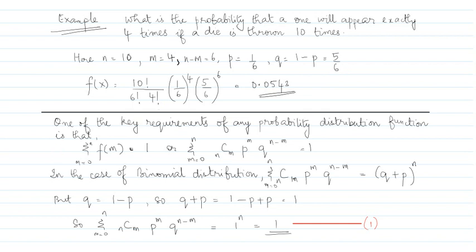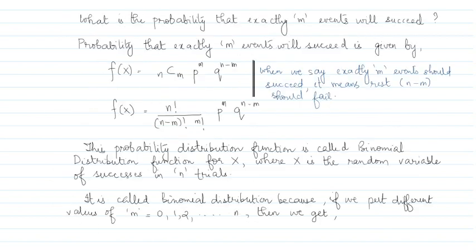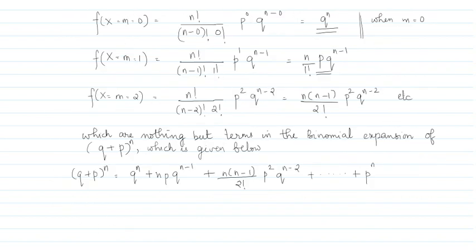ഇനി ഏതൊരു പ്രോബബിലിറ്റി ഡിസ്ട്രിബ്യൂഷനും സാറ്റിസ്ഫൈ ചെയ്യേണ്ട ഒരു റിക്വയർമെൻറ്റും ഇതിന് മുമ്പത്തെ ലെക്ചറിലും പറഞ്ഞിട്ടുണ്ടായിരുന്നു. Sum of all individual probabilities should give you 1. So here it just means summation m equal to 0 to n f of m should be equal to 1. Now instead of f of m, I am just plugging in this relation.